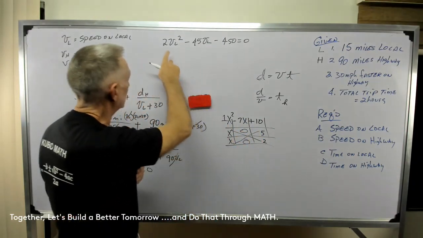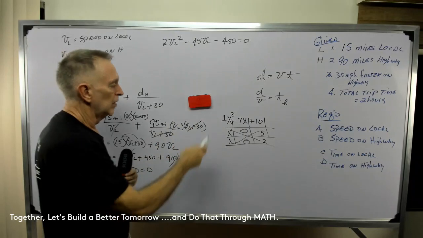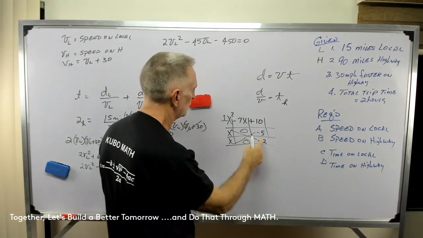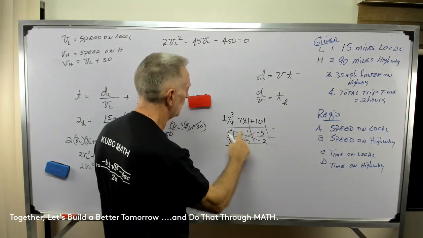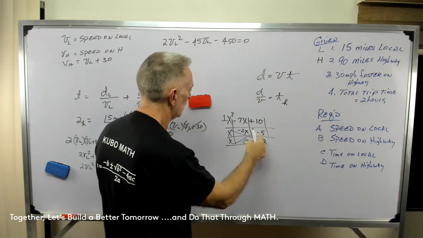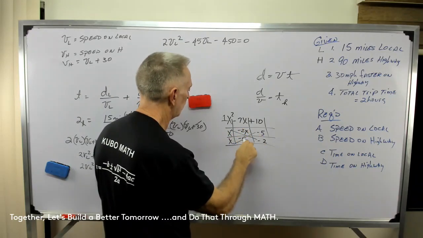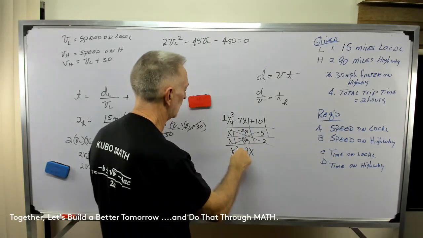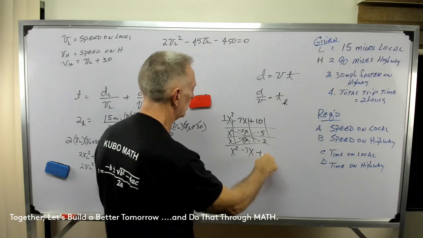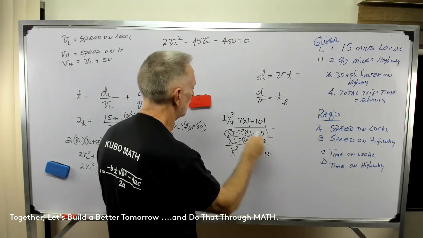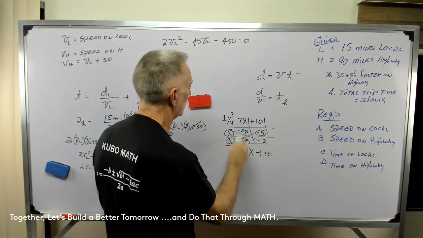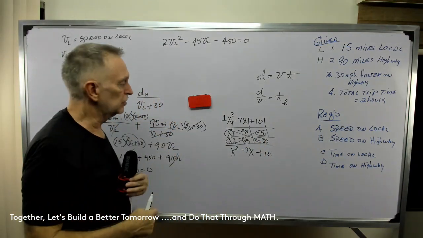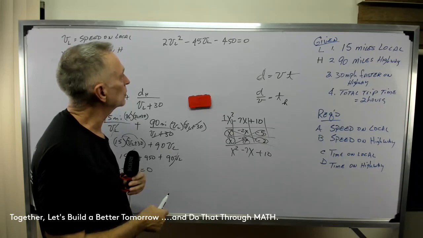But in this case, obviously, a negative times negative would be a positive. Negative 2 times x is negative 2x. Negative 5 times x is negative 5x. You add those together, I get the negative 7x, x squared minus 7x plus 10. So then I would know my factors, x minus 5 and x minus 2. Multiply together, equals 0, and solve for those factors.